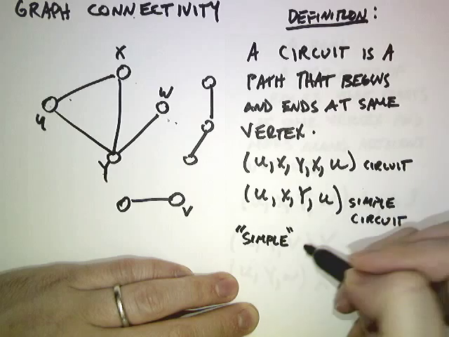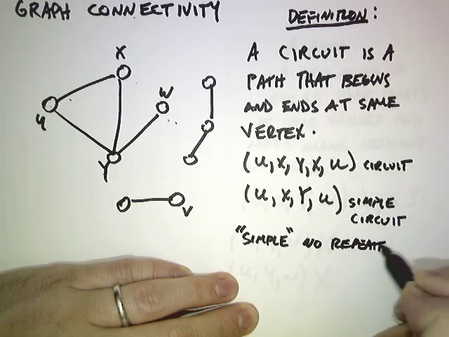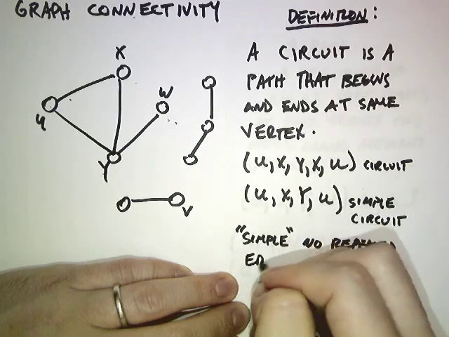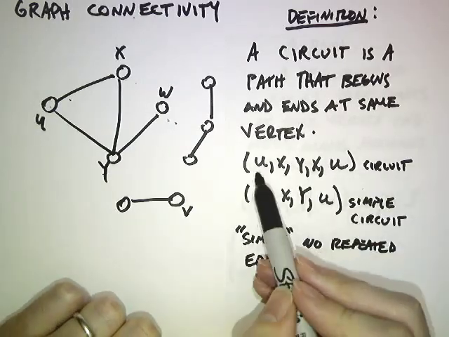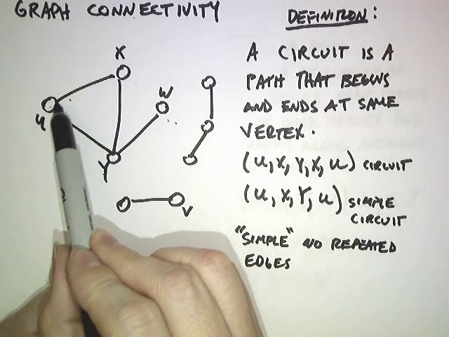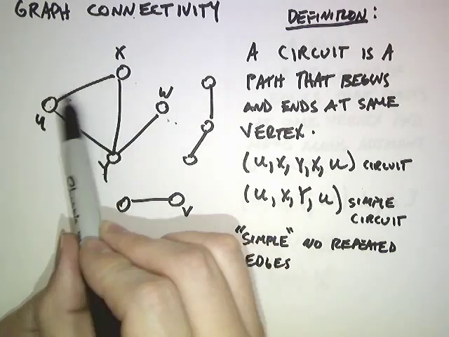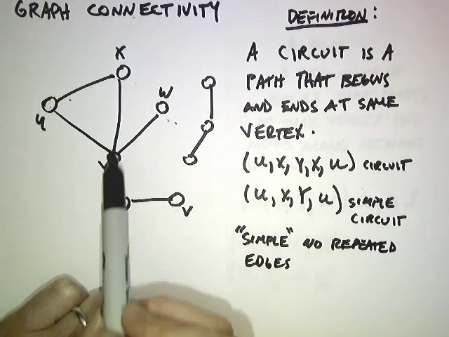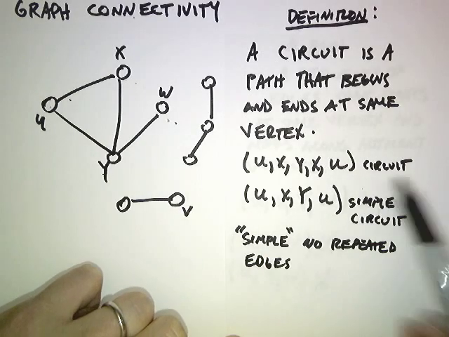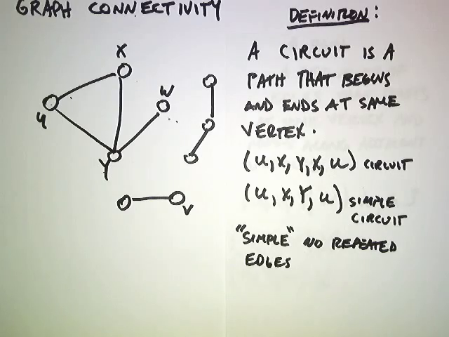Typically simple means no repeated edges. This first circuit here is not simple because it goes U to X to Y to X to U, so it's repeating this edge right here. It's also repeating this edge, so it's repeating edges, so it's not simple. But this circuit, U, X, Y, U, is simple.